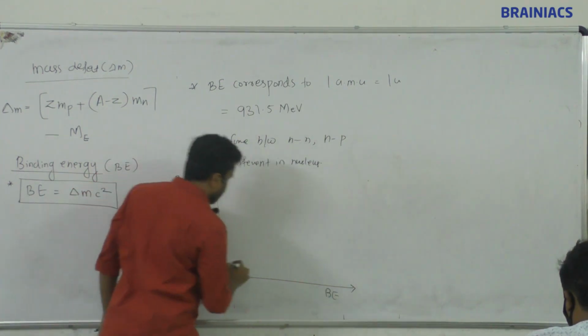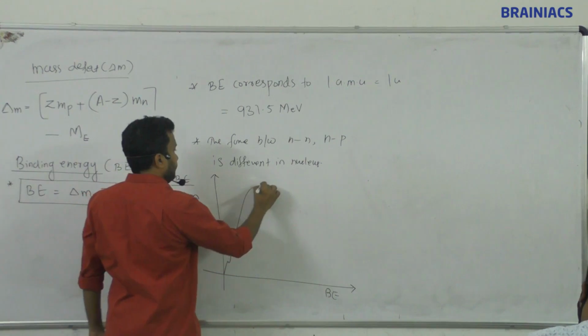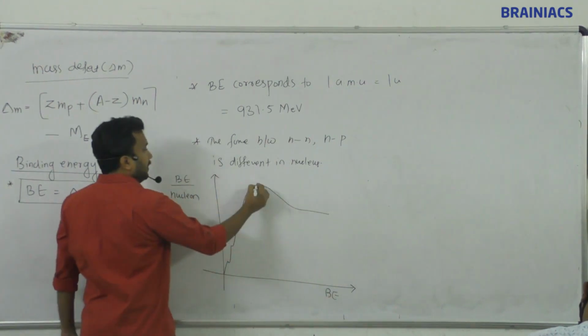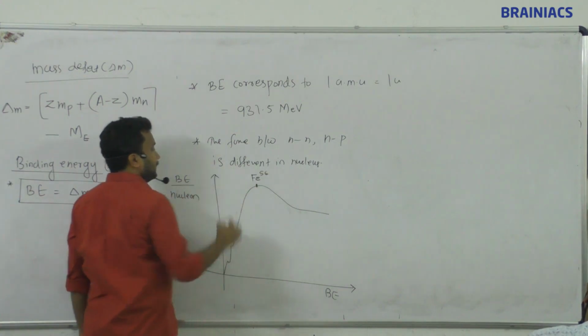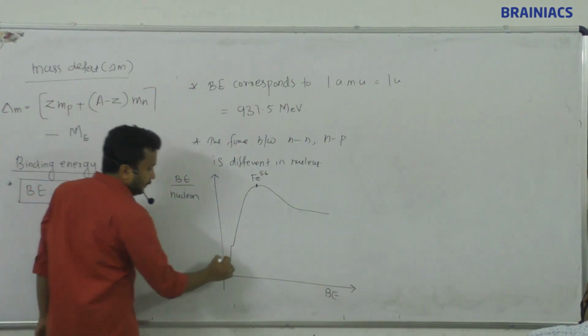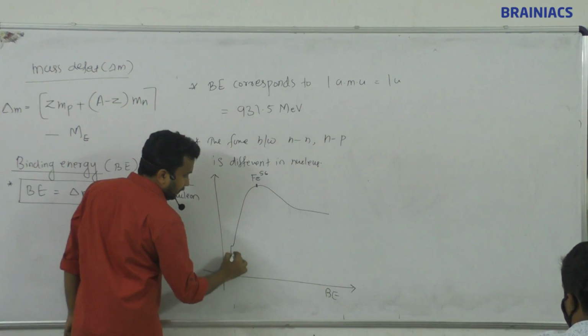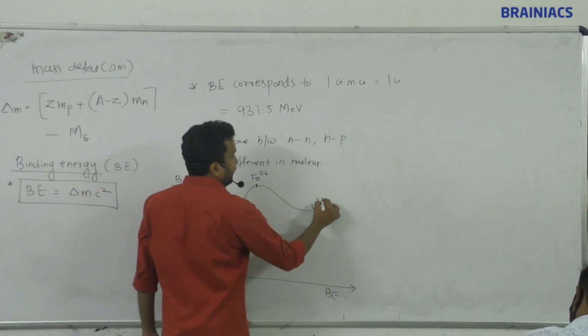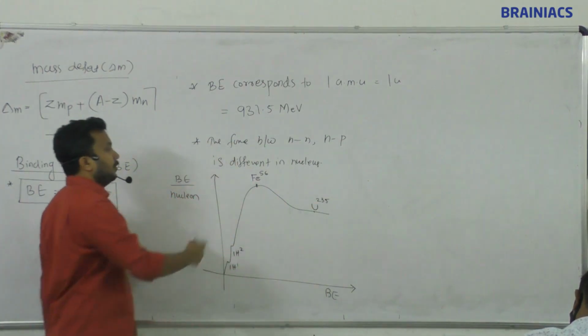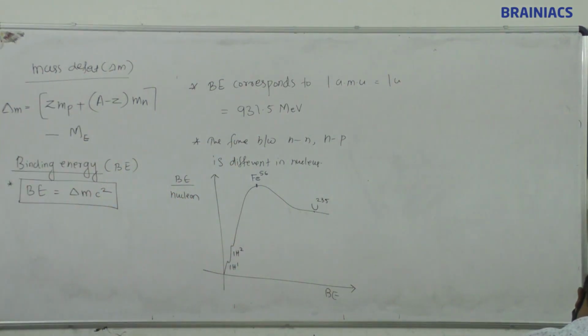Mark the highest point, Fe-56. Then 1H1, 1H2, like that, and here uranium-235, etc. In between there are a lot of elements, but the most stable one is this one.